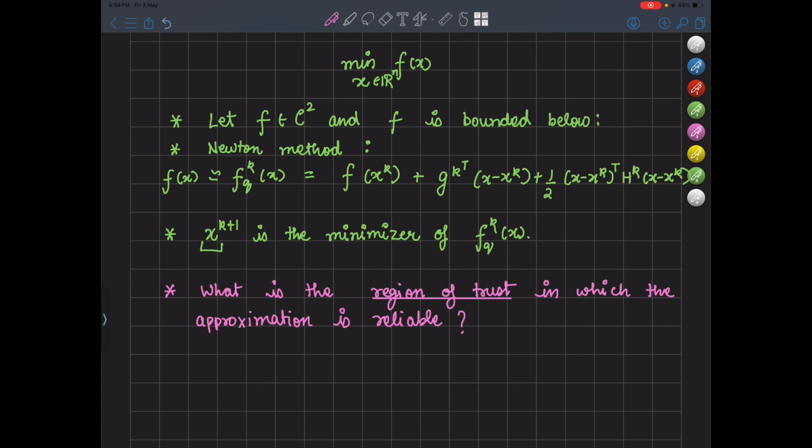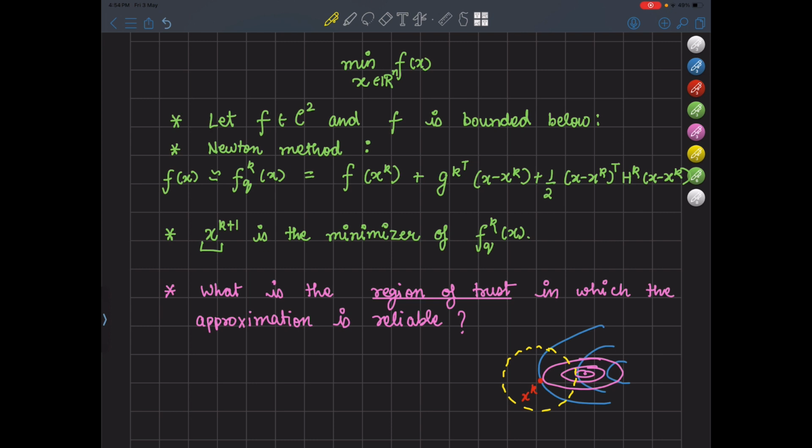So people asked the question, let's say I have some function f(x) and I am at point xk, and I approximate the function with some quadratic approximation. Now what is the area of trust? Let's say this yellow region gives us an area where the quadratic approximation of the function is reliable.